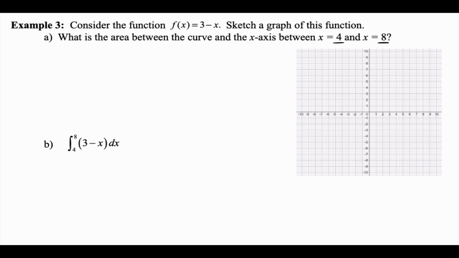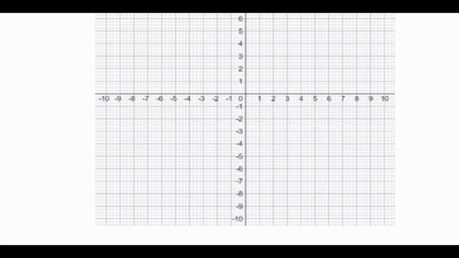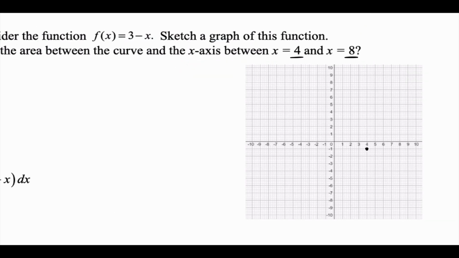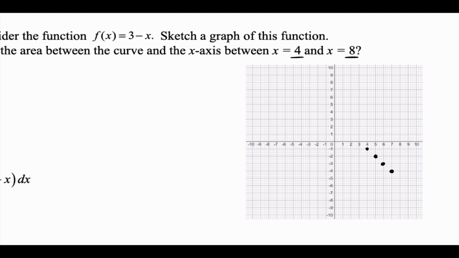Okay, so when I plug in 4, I get negative 1. 4, negative 1. When I plug in 5, I get negative 2. When I plug in 6, I get negative 3. When I plug in 7, I get negative 4. When I plug in 8, I get negative 5.